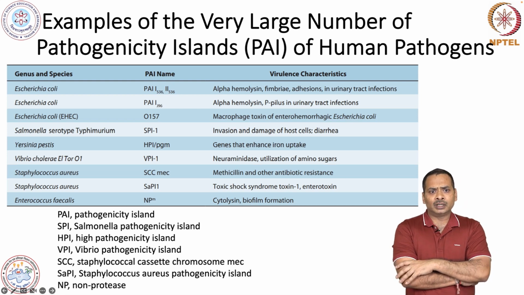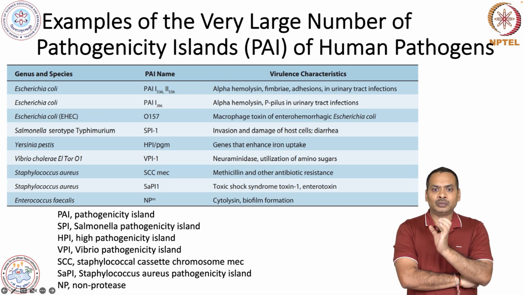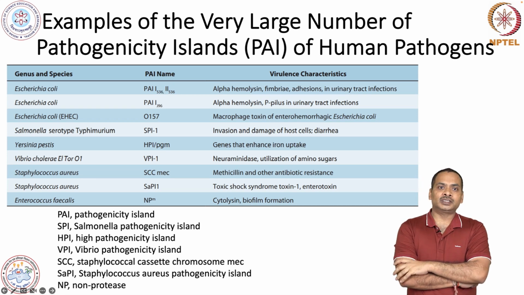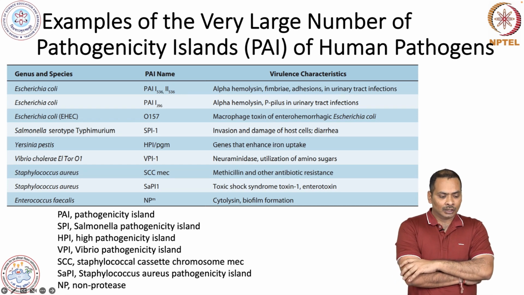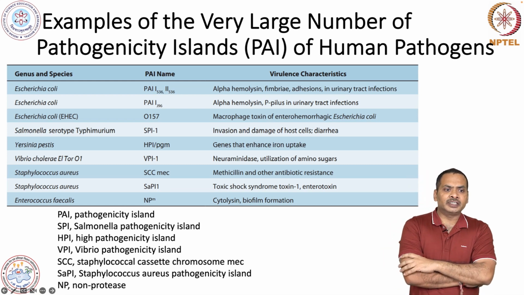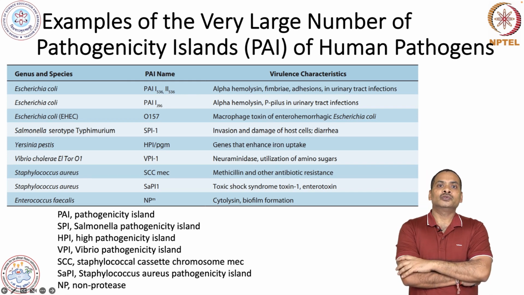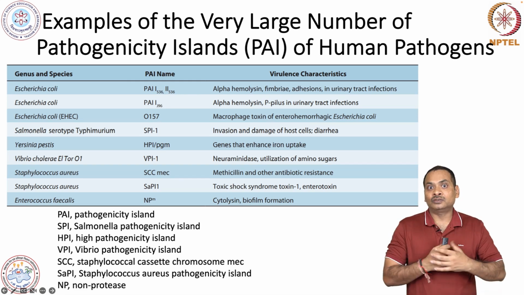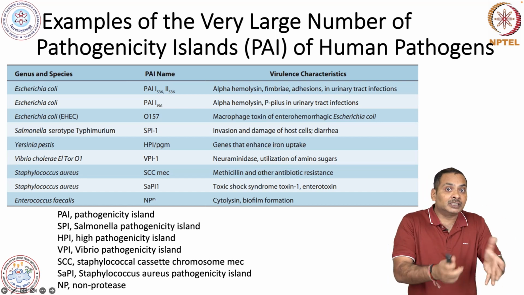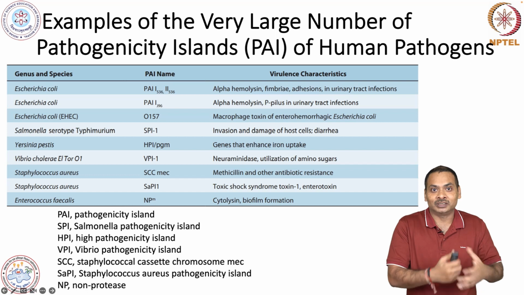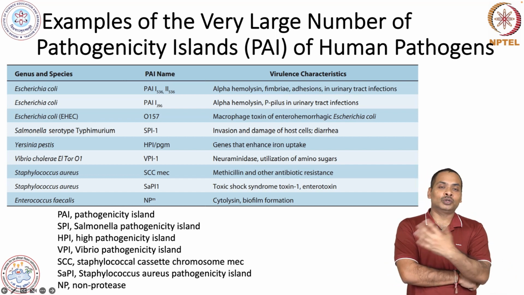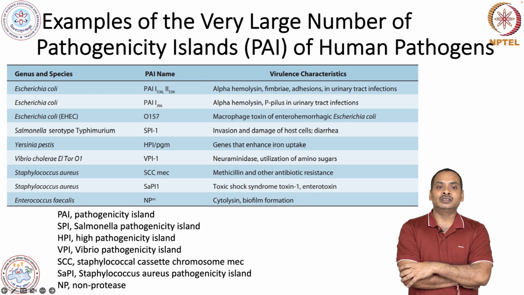They also have another island, J96, which also encodes alpha hemolysin and P pili in urinary tract infection. So you can see there is a series of these pathogenicity islands, and they play a very important role in the development of disease, or more appropriately, in making these bacteria a pathogen.